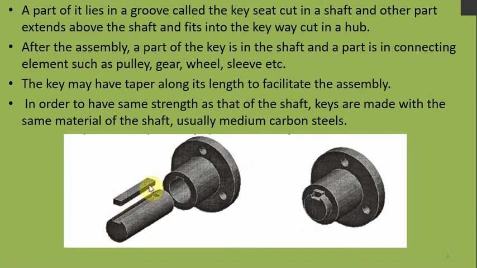As I told, this is the key. Thickness wise, a part will be seated on the shaft, where a groove is made on the shaft, and half of the thickness will be inside the groove, and half of the thickness will project out of the shaft, and that projected part will be fitted into the groove provided on the hub.